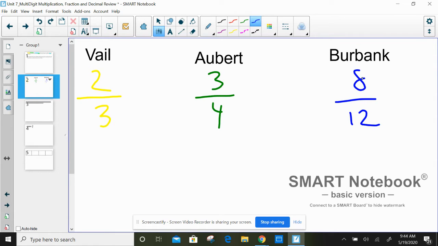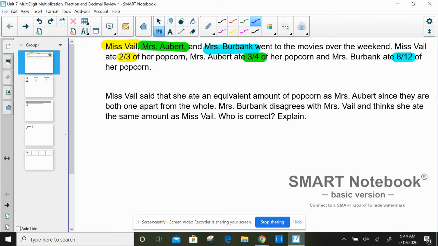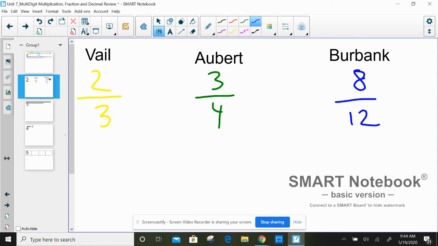Okay, so the question is, Miss Vale thinks she had an equivalent amount of popcorn as Miss Albert. Equivalent means equal. So Miss Vale thinks that she had the same amount as Miss Albert. So she thinks that 2/3 and 3/4 are equivalent. So we're going to figure out if that's true.